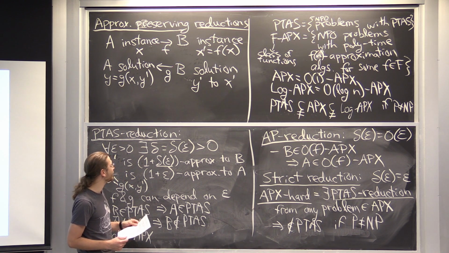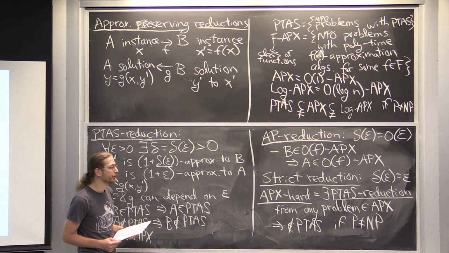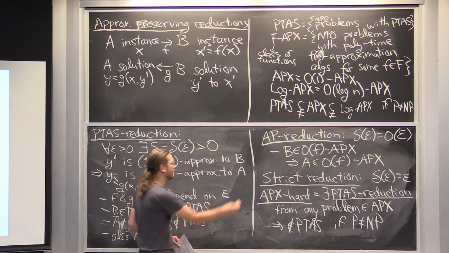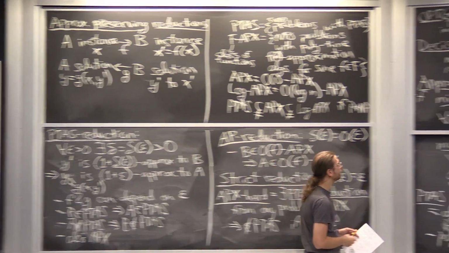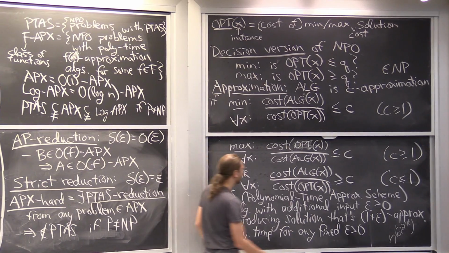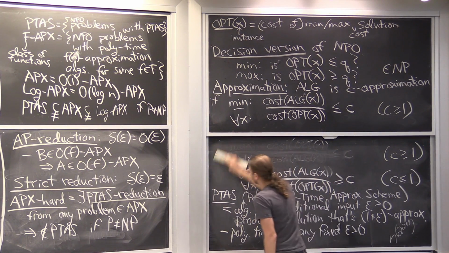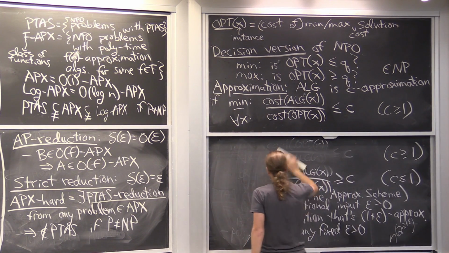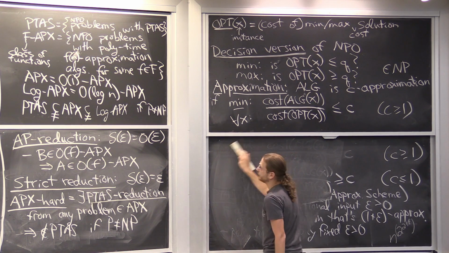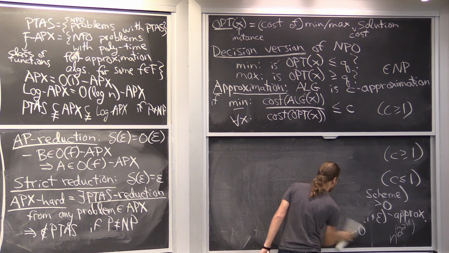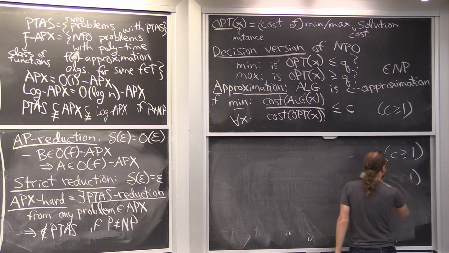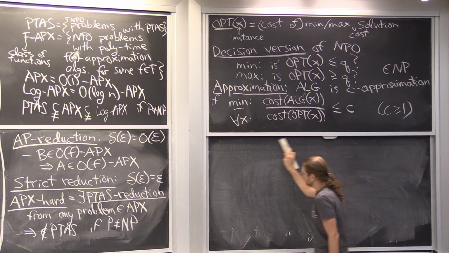These reductions are all a little bit awkward to work with directly, or these definitions are a little awkward to check directly, although ultimately it's the same thing. In practice, people seem to use a different notion of reduction, for the most part, called L-reductions, that's stronger than AP reduction, not as strong as strict. I guess it's not directly related either way to strict, but it's okay.